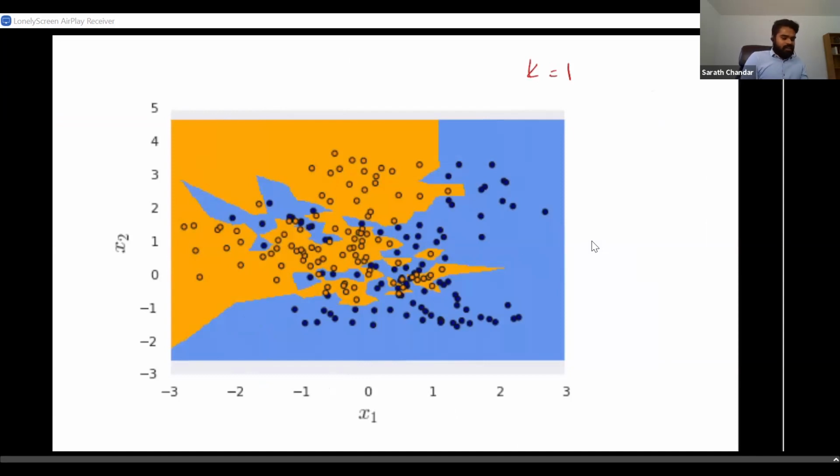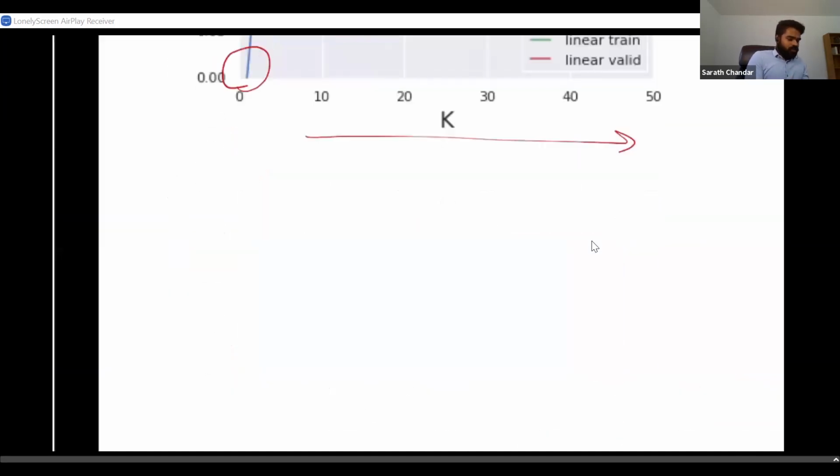And as someone rightly pointed out, the hyperparameters for this model are not just k, but also the metric that you use to compute the nearest neighbors. You could use Euclidean norm, but you could also use other distance measures depending on the task.